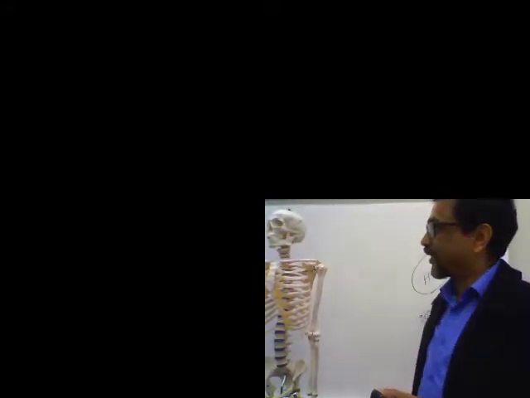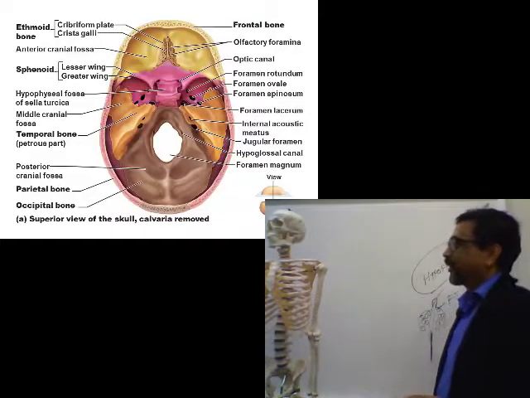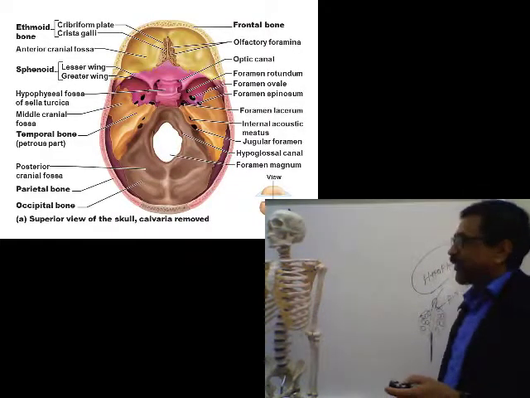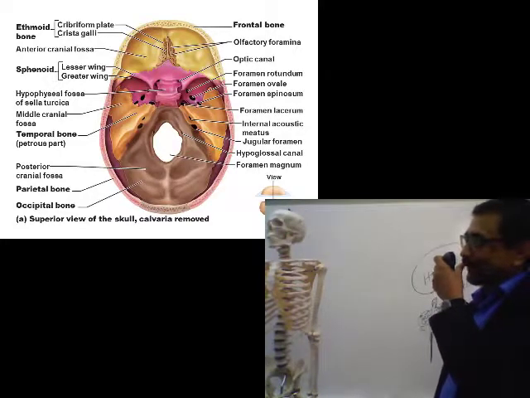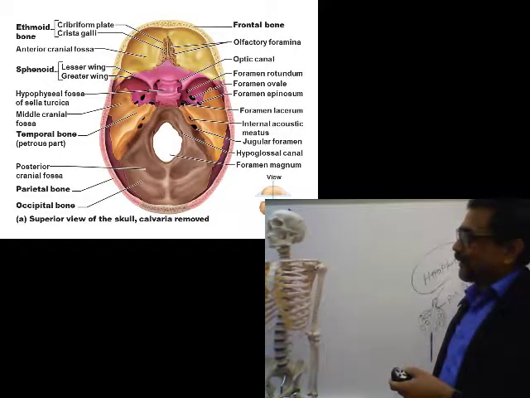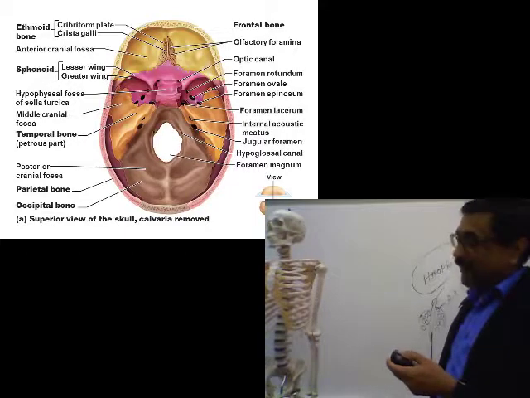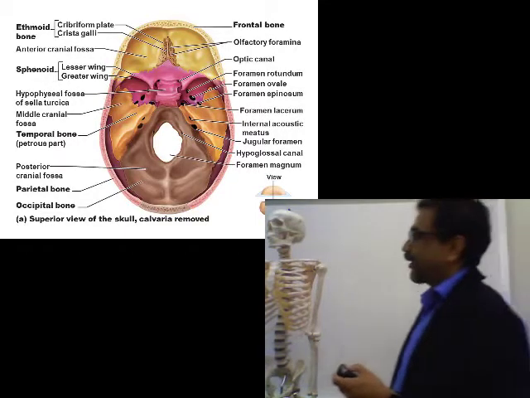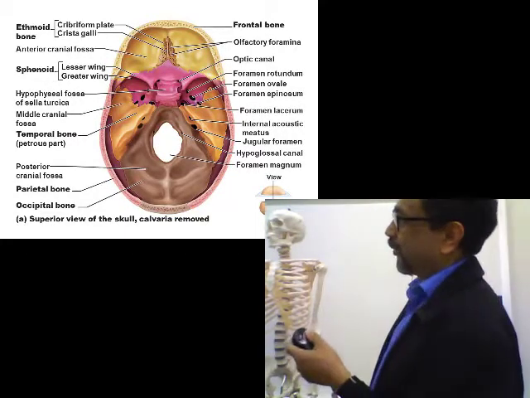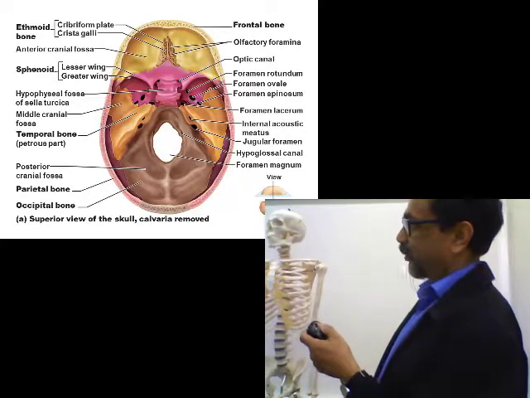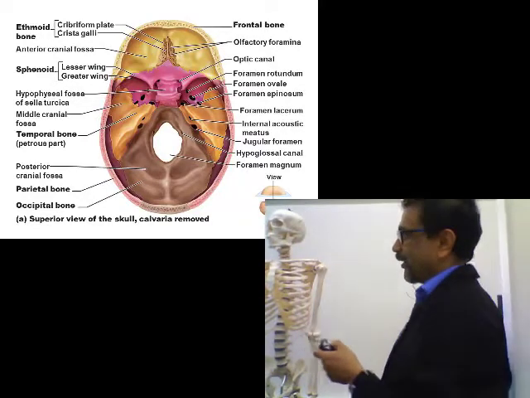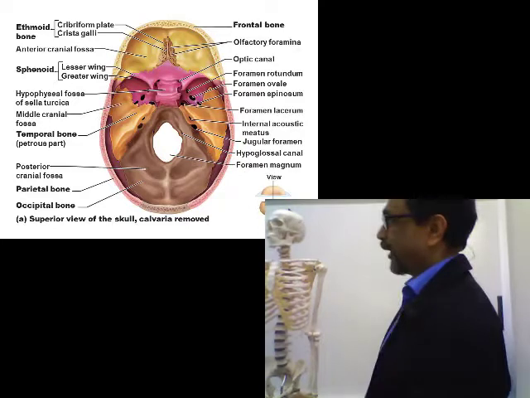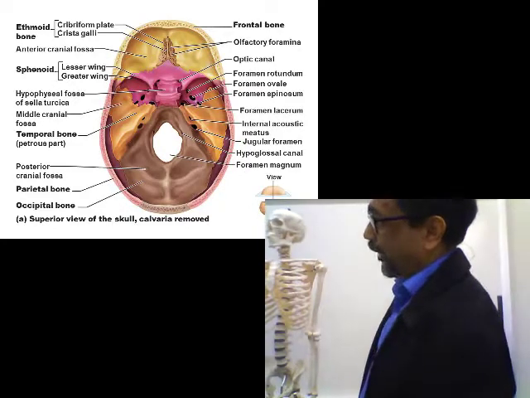Now this is the floor of the skull or cranial cavity. Now you can see the sphenoid here, the location or position of sphenoid in the skull, forming part of the floor of the cranial cavity.